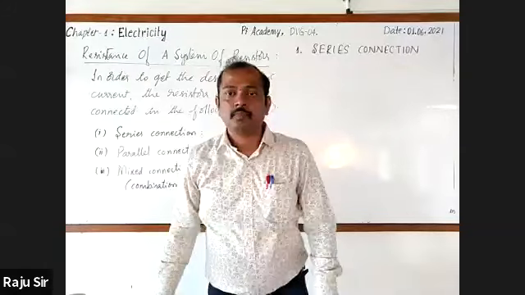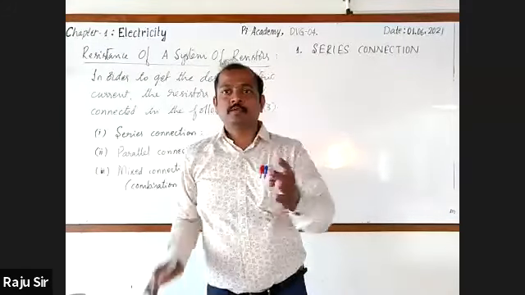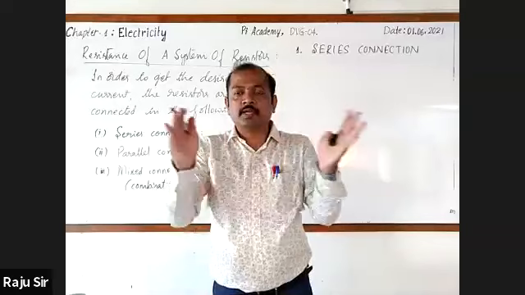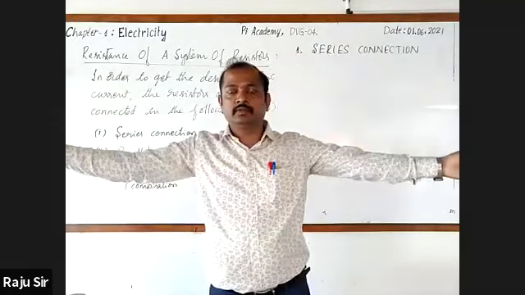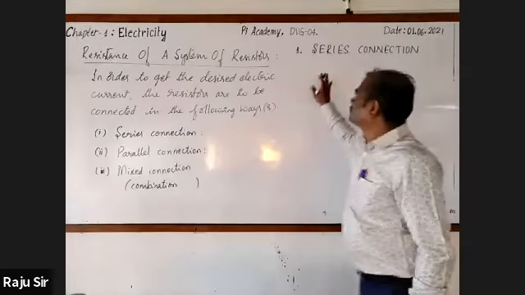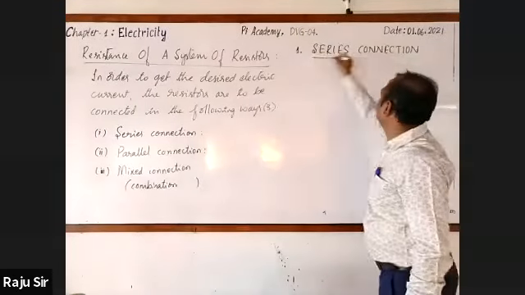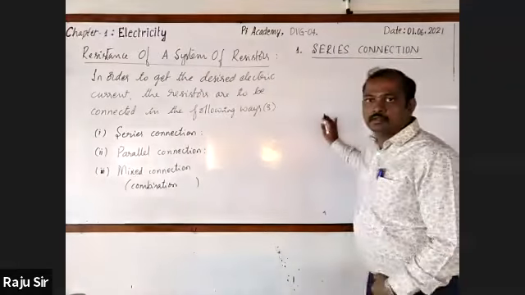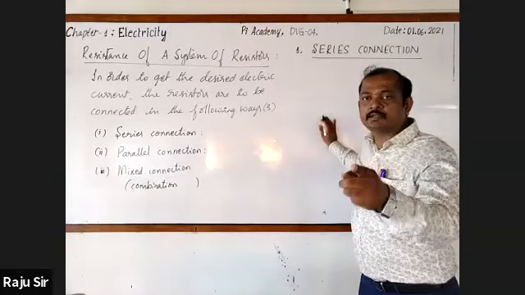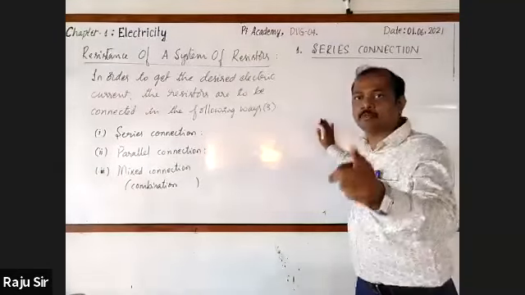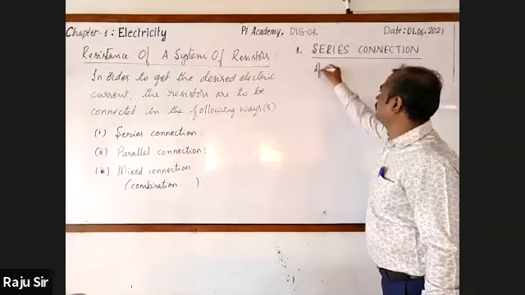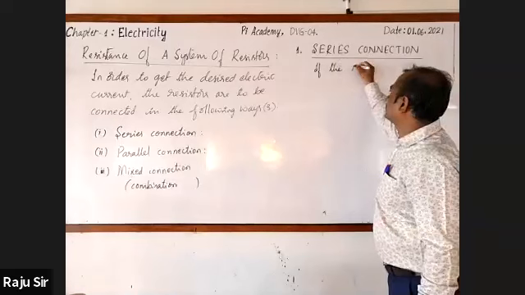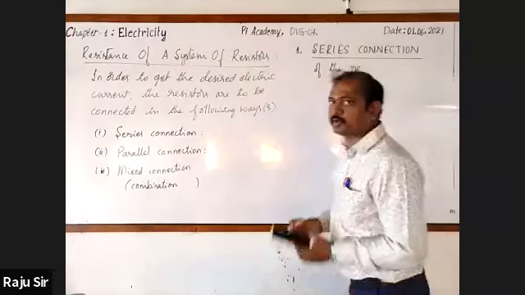Dear students, in series connection, we know that the components, nothing but resistors, are connected end to end. So write the same definition. If the resistors are connected end to end, then they are said to be connected in series.